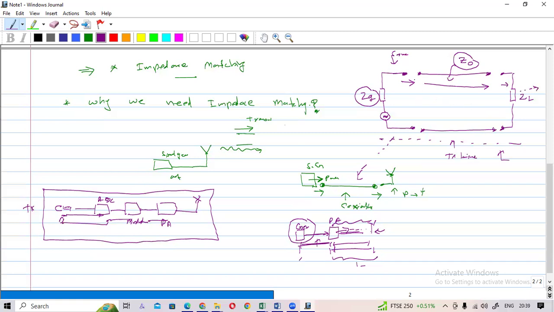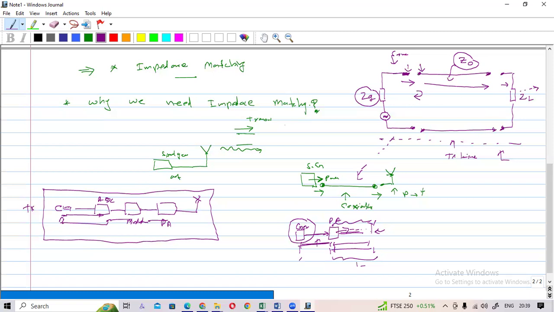Now we know that. We already know that if this source impedance is not matched with this impedance, some reflection is there. There is a reflection, a signal reflection.